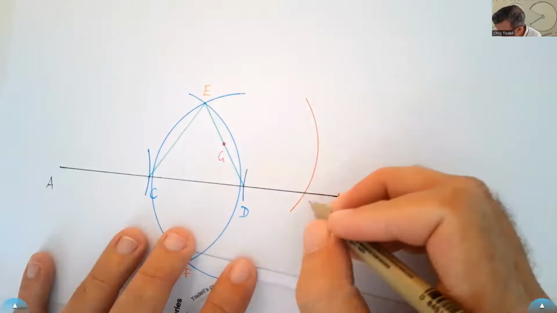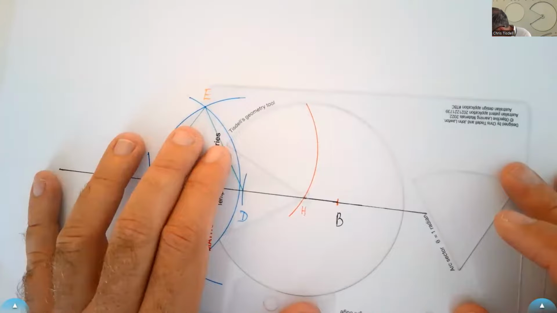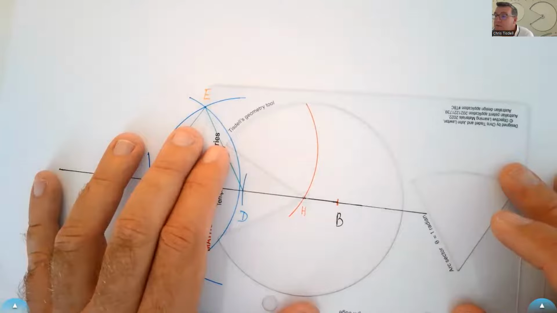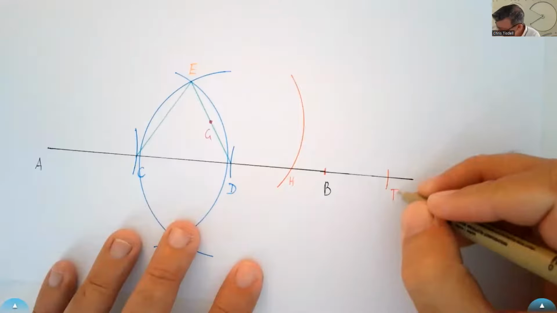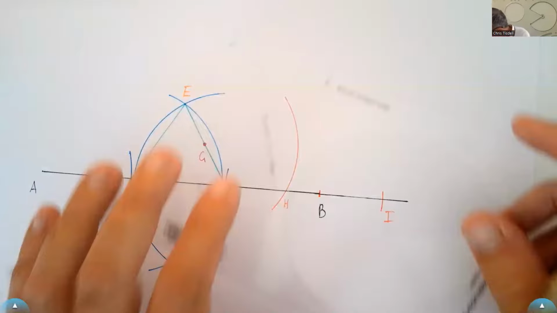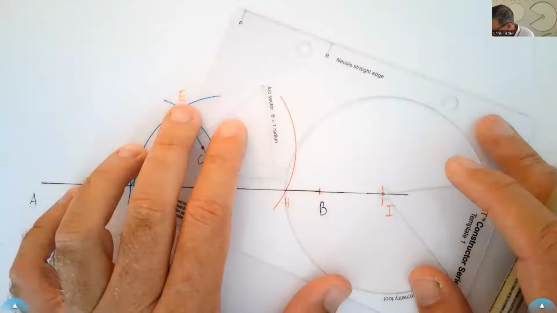Let's call that H. And then we measure out another length with the center at H. Call that point I. And then turn it around. And we'll come back here.